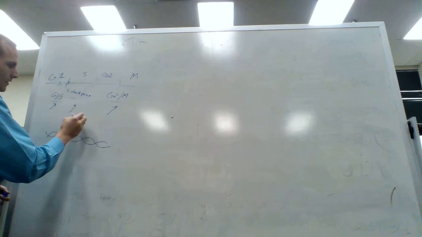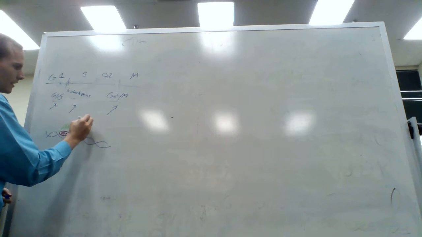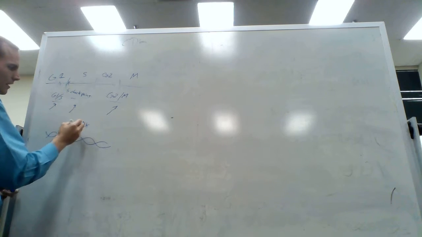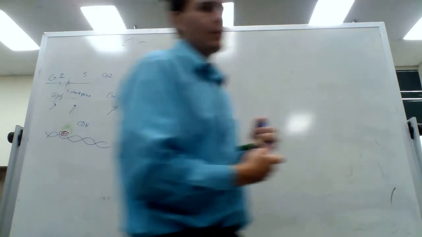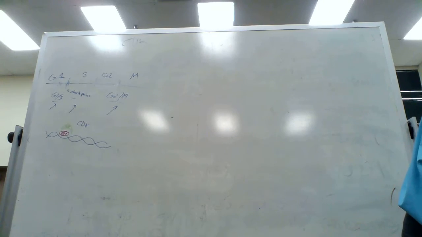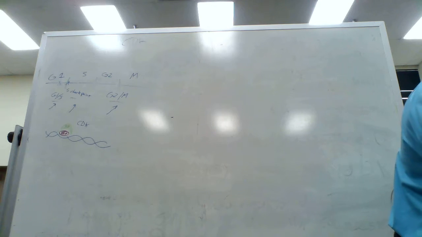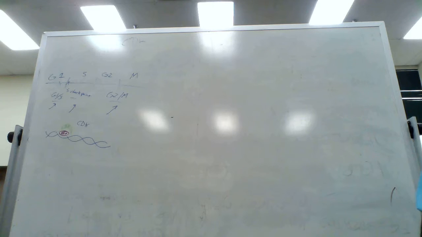So here we are going to have a cyclin-dependent kinase. Cyclin-dependent kinase comes in, and its name for this one, I believe it's just named after the phase, but I want to make sure it doesn't have a special one.